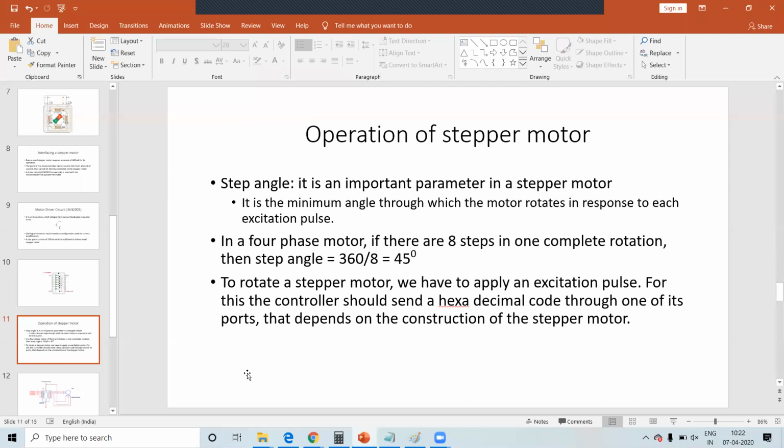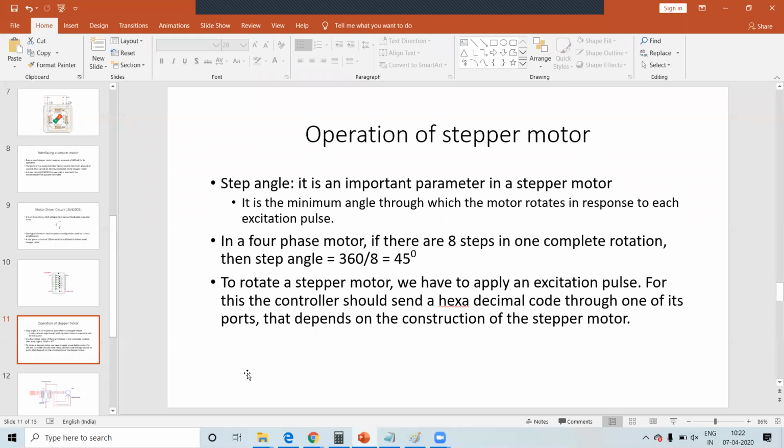To rotate this stepper motor, we have to apply the excitation pulse on the windings, and how much value is to be applied on every winding is controlled by a hexadecimal number, which is controlled by the program that stores a corresponding hexadecimal value into its ports.